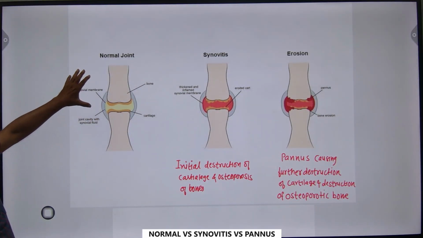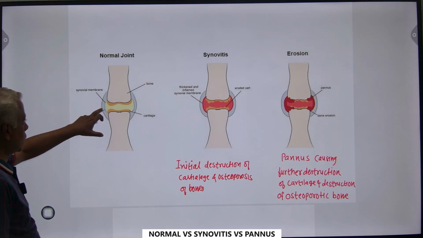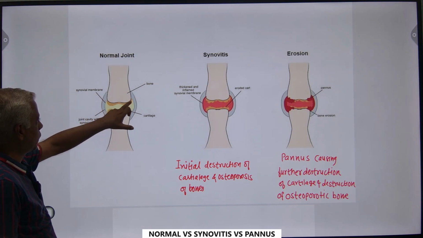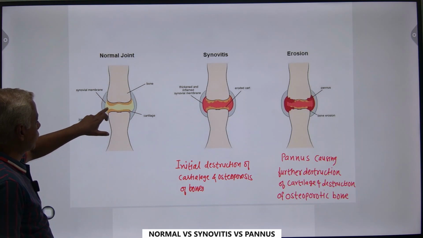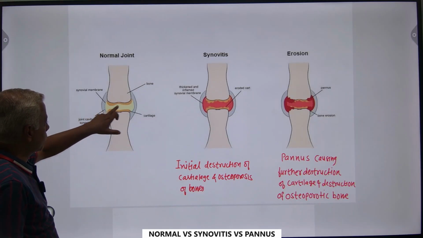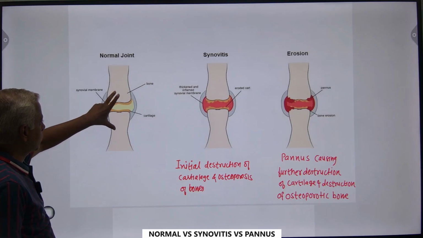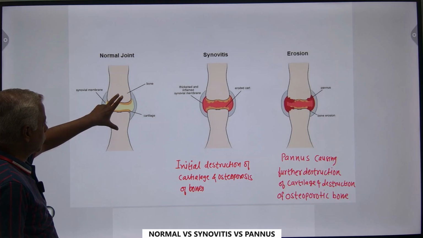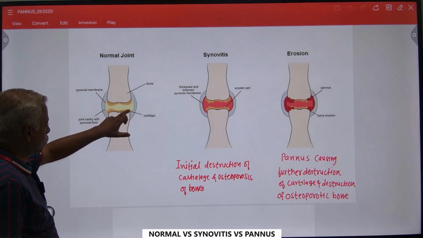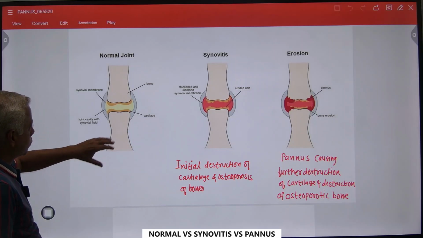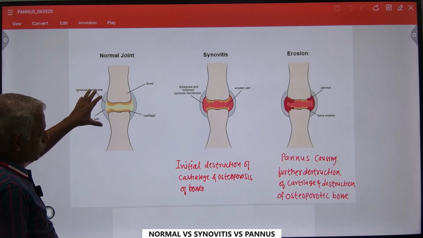Again, here we have a normal joint. You can see this is the synovial membrane, this thin layer, and here we have the joint space filled with the synovial fluid. These are the two bones which are part of this joint, and here we have an articular cartilage also. So this is the image of the normal joint.